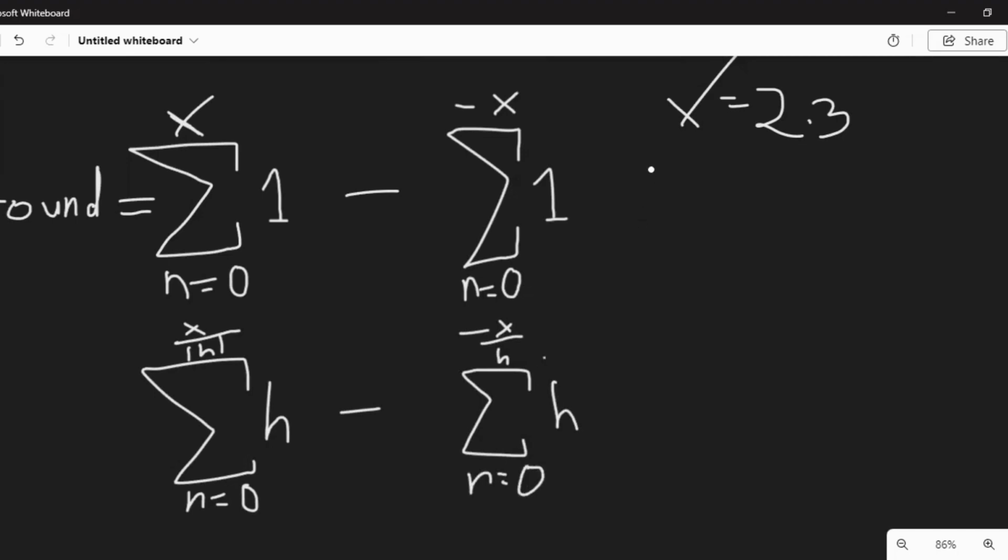I'll be going over the formula soon in my graphing calculator so that we can actually play around with the various values. So, there we go.